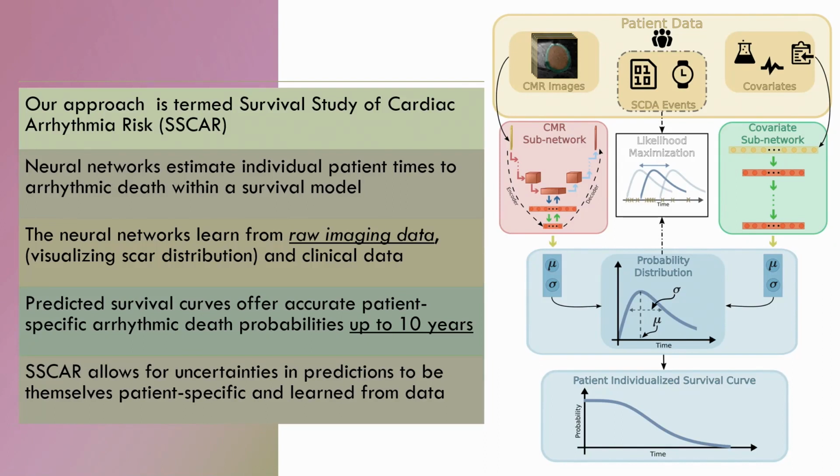So what we did is we created this approach, which we termed very conveniently SCAR, which is Survival Study of Cardiac Arrhythmia Risk. It is an artificial intelligence approach. It combines deep learning on CMR images and also on clinical covariates, and we wanted to predict the risk of sudden cardiac death in these patients.